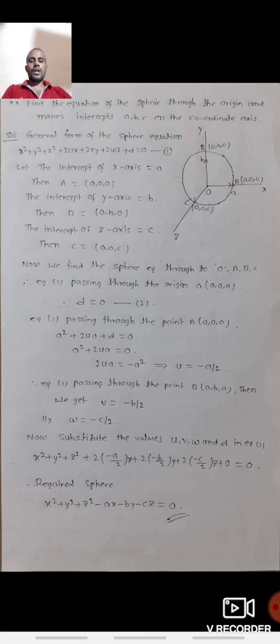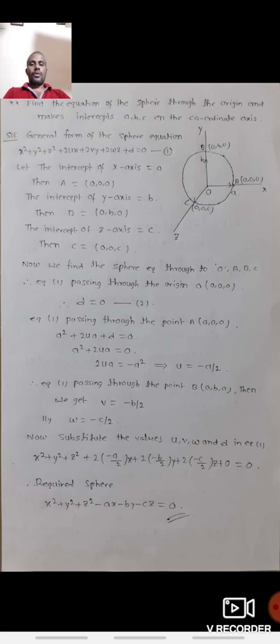Let us take this as equation 1. Equation 1 is passing through the origin and the points A, B, C. Here point A is (a, 0, 0), point B is (0, b, 0) and point C is (0, 0, c).